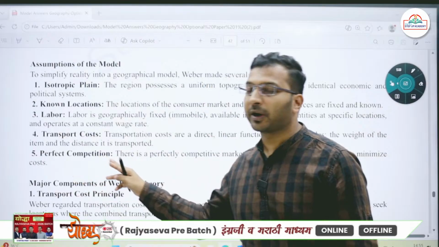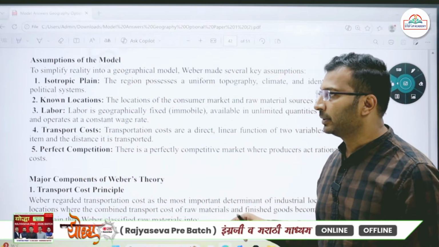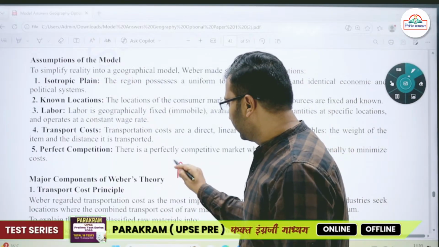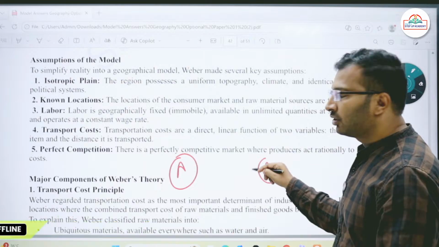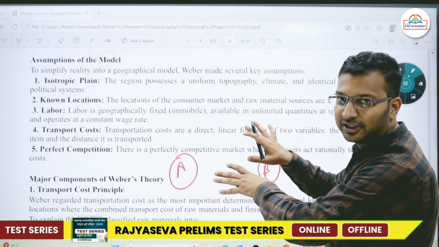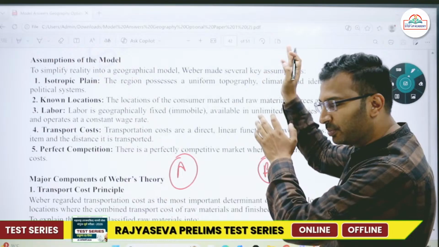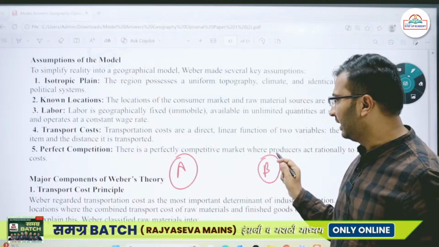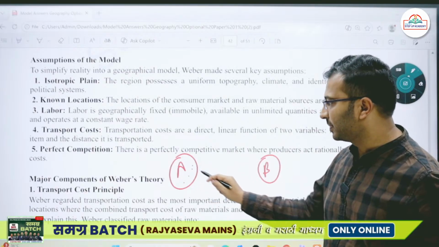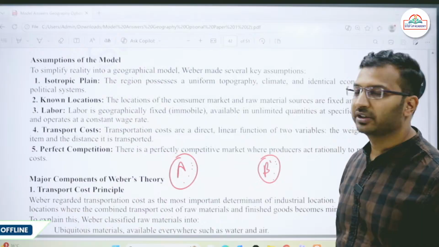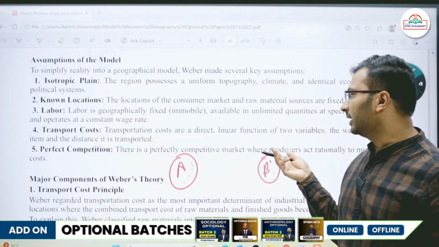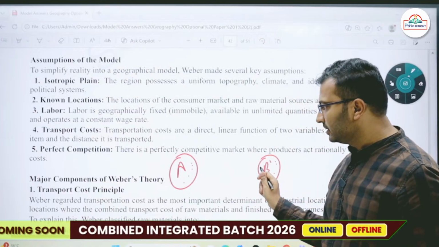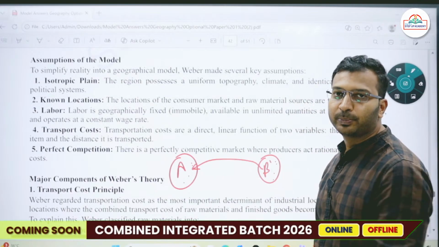Okay, then there is perfect competition. So he said that, let's say there are two towns. There is town A. I'm not using the board because I'm simply explaining the questions over here. We will see the diagrams in class. Okay, so there is an entire region A and an entire region B, and there are some industries present over here, and some industries present over here. So there is a perfectly competitive market where producers are rational. People from region B won't go to region A to purchase any good.